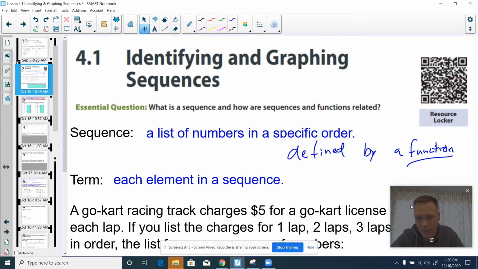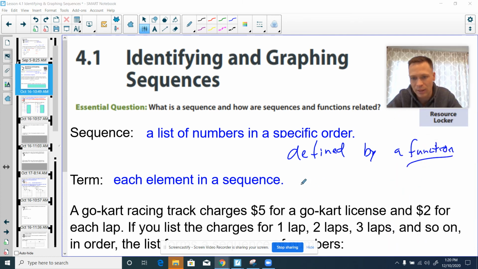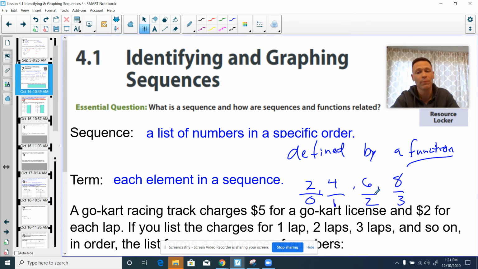So if I have the sequence, and let's say it's 2, 4, 6, 8, I'm just counting by twos. We're going to start all of our terms with the 0th term, and then the first term, and then the second term, and then the third term, and so forth, okay?